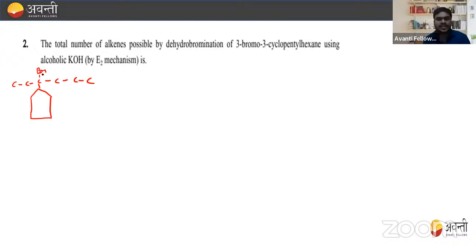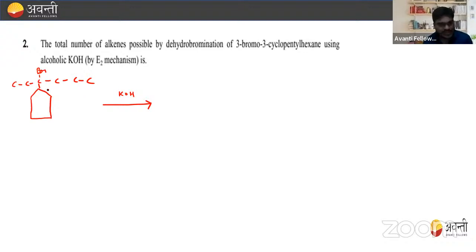So this is the structure of 3-bromo-3-cyclopentyl hexane. Now, when this is treated with KOH, we get KBr plus H2O.